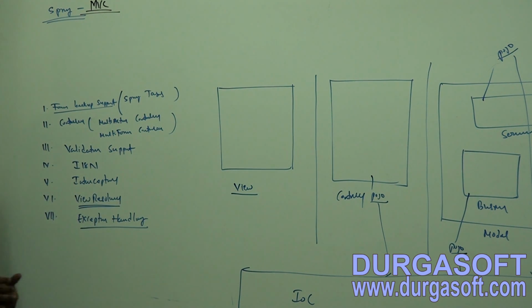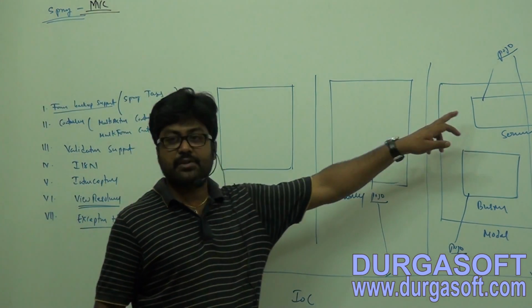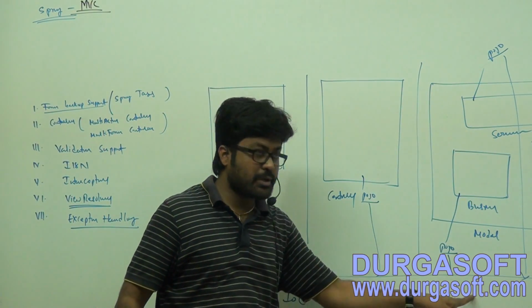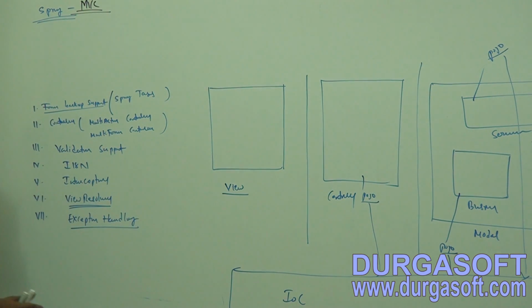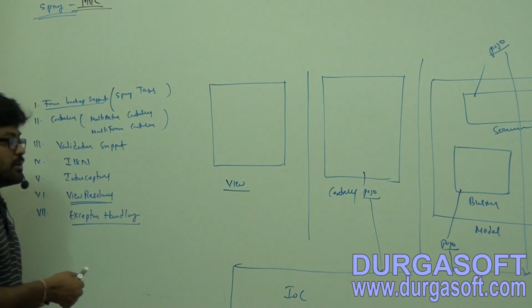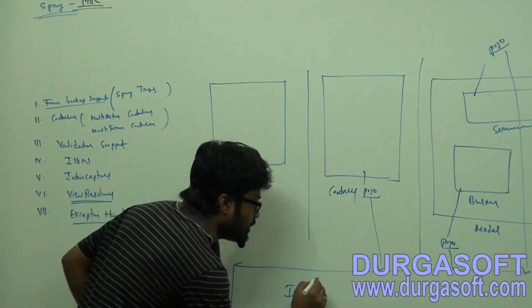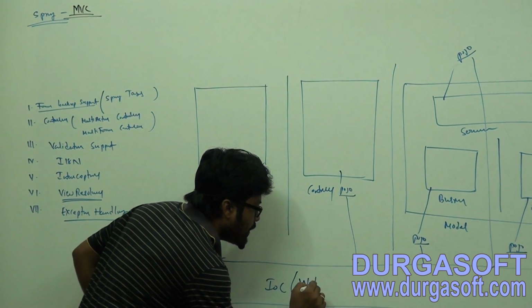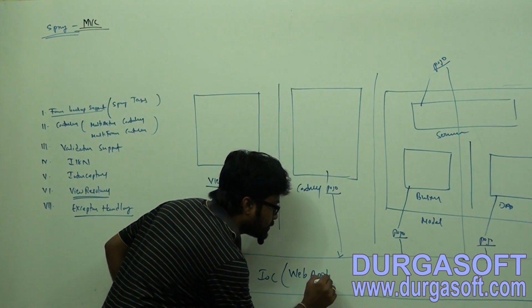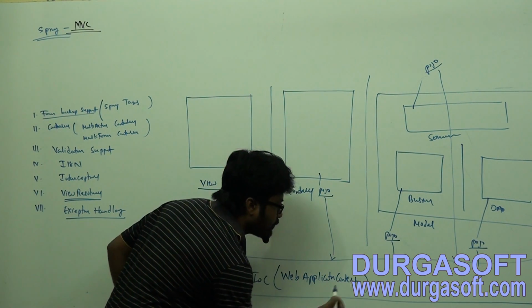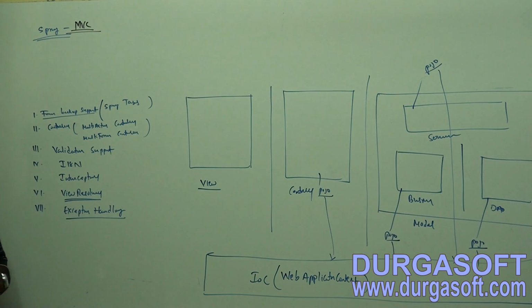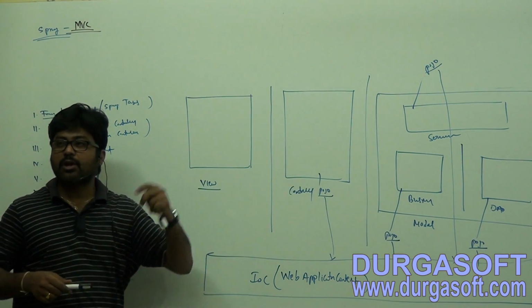If you have any business classes or services classes, those also you can execute on the MVC IOC container. For MVC, that container name is web application context.